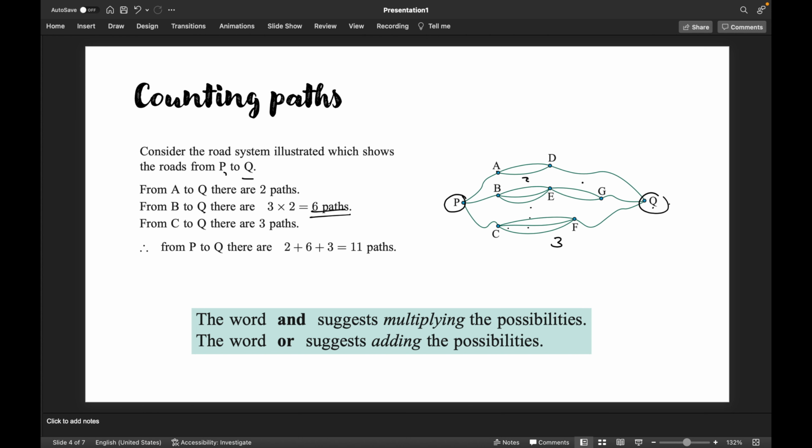This is going to be 3, 6, and 2. And so therefore, from going from P to Q, there are 11 paths. We have to add them. In this case, we're adding them because of the word or. We can choose this path or this or this. And therefore, we add the numbers. If it's and, then we have to multiply. If it's or, we have to add.